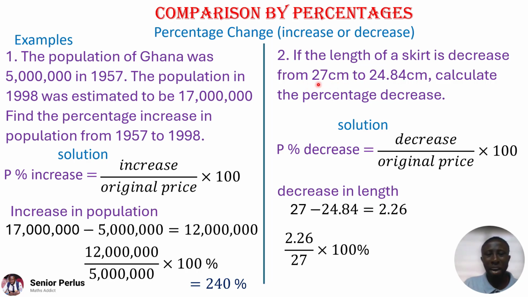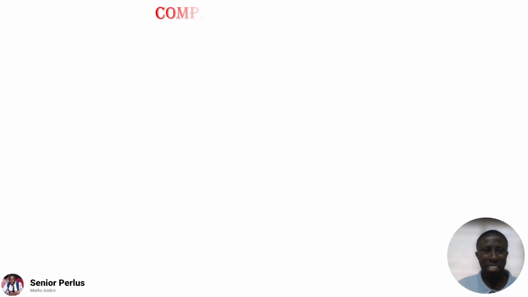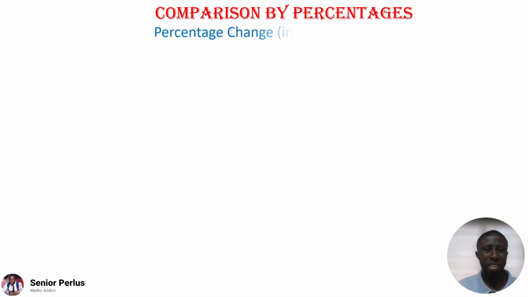So the original at first was 27. That's why I have the decrease out of the original times 100%. And if you make use of your calculator, you get 8%. And that's the percentage change. So let's move on to another example on percentage change.